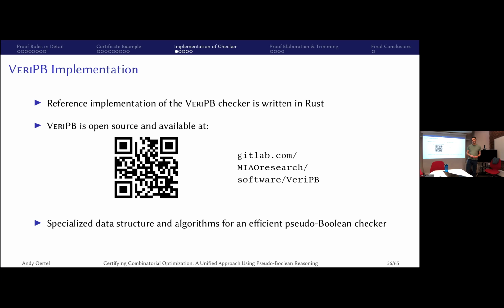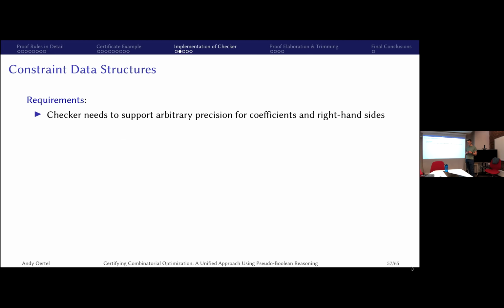Let me go through some efficiency considerations. For the data structures for constraints, we have a hard requirement that we have to support arbitrary integers for coefficients and right-hand sides. But the issue is that arbitrary precision arithmetic is relatively slow.